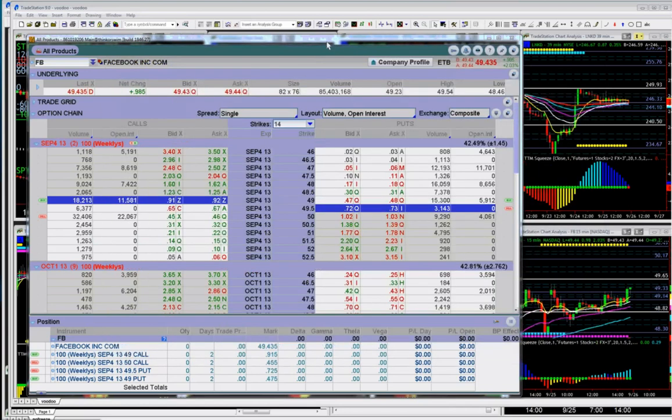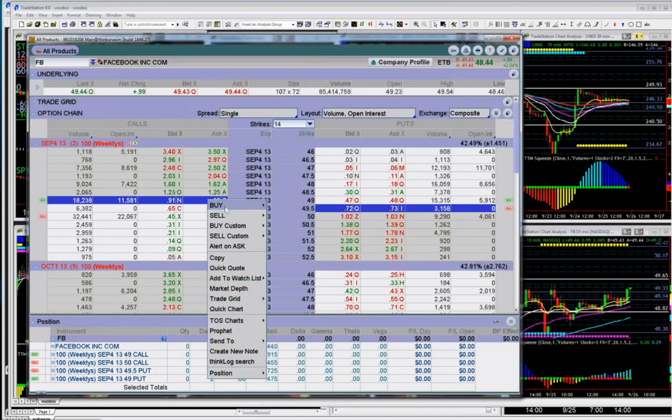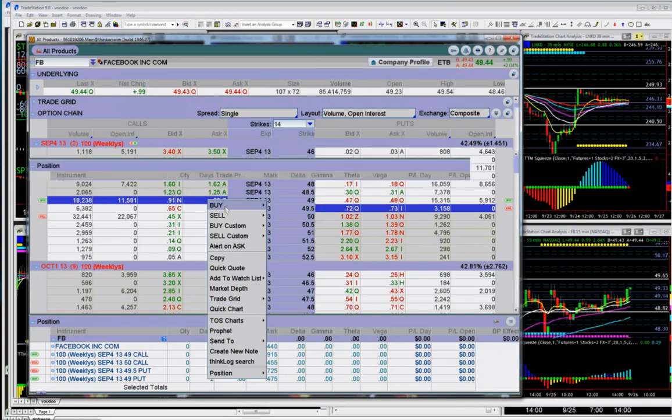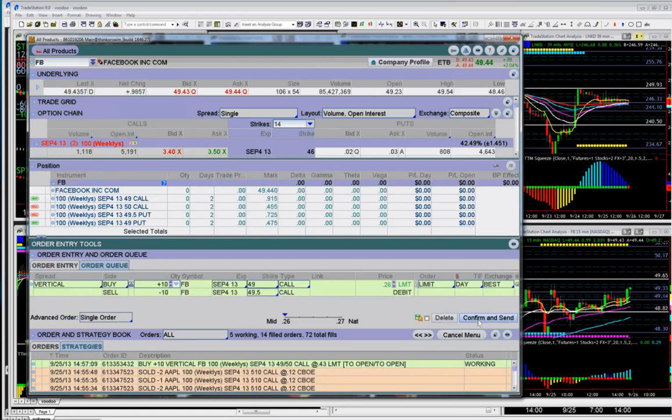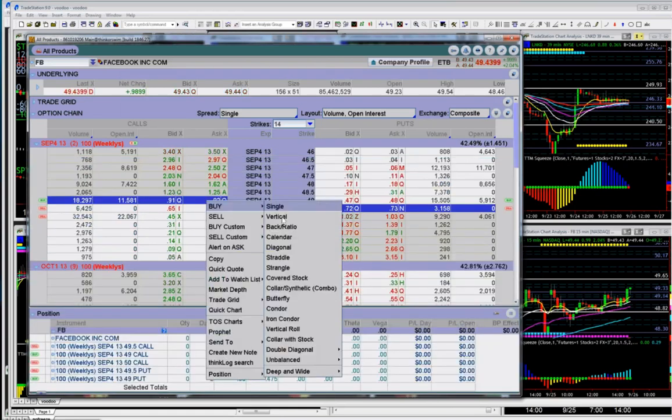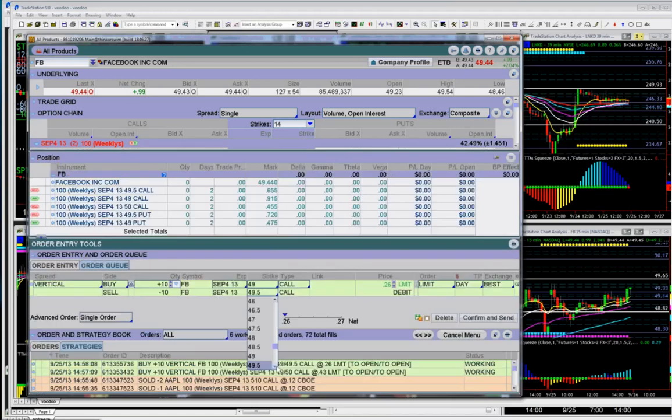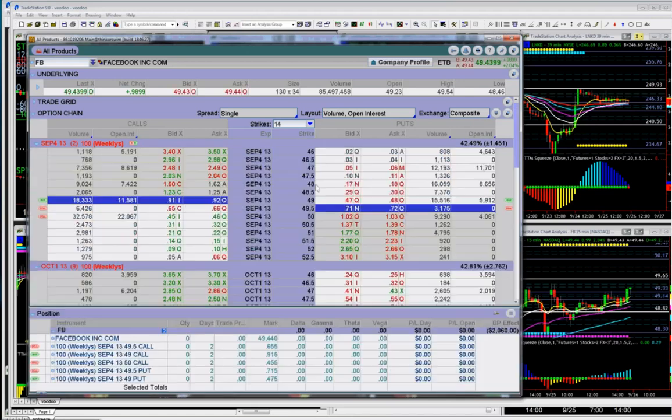I may do another one here, just get a little bit more aggressive, just at the current market. Oh, I don't think that was what I wanted to do. Let me see, buy vertical, 50. We just need a little bit of a pullback there in Facebook.